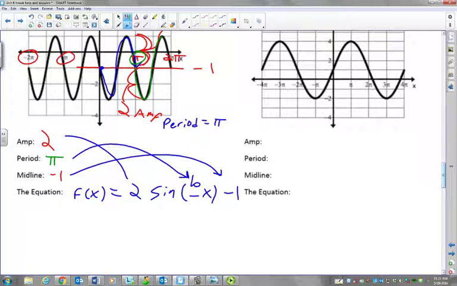Now the formula for period is 2 pi, because sine and cosine are always 2 pi, over b, over that b value. So the period becomes 2 pi over b. And we already know the period, it is pi.